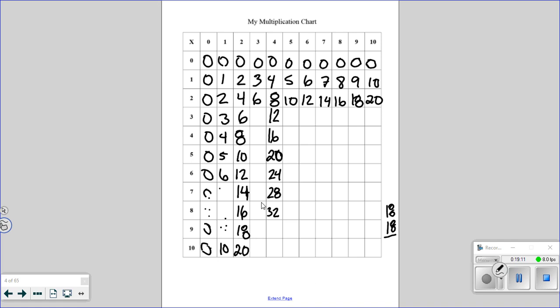So there was 4 groups. What is that going to be? 36. Way to push through. That was hard. Great job.